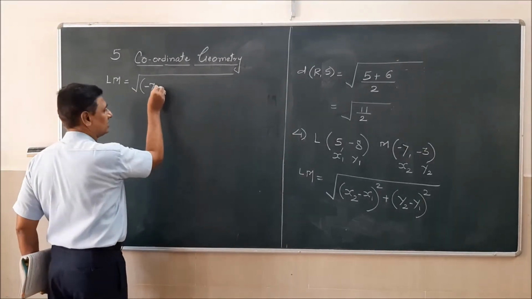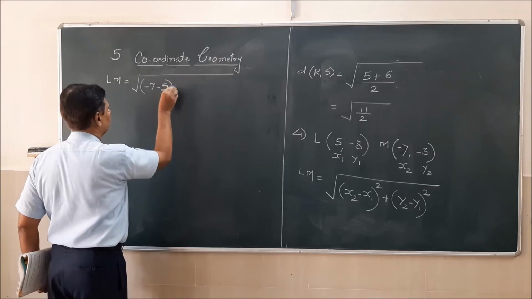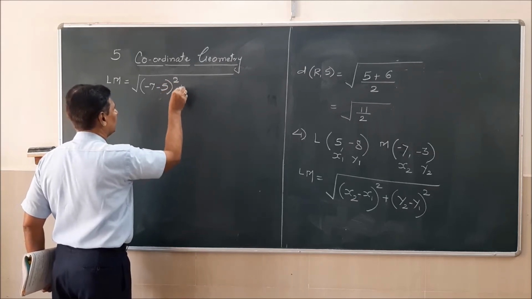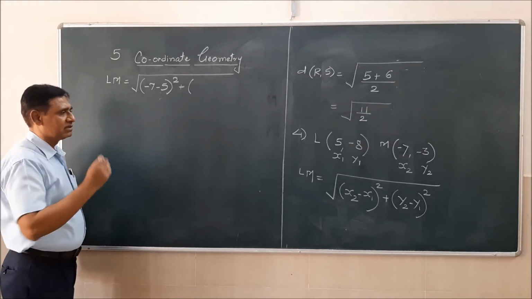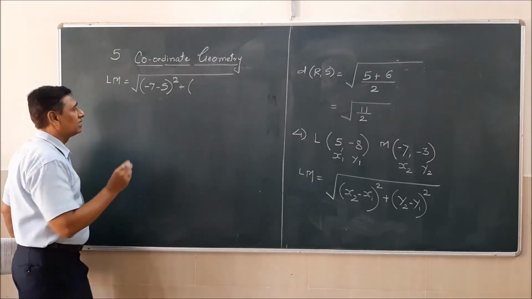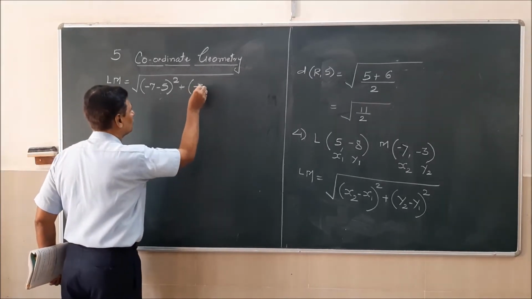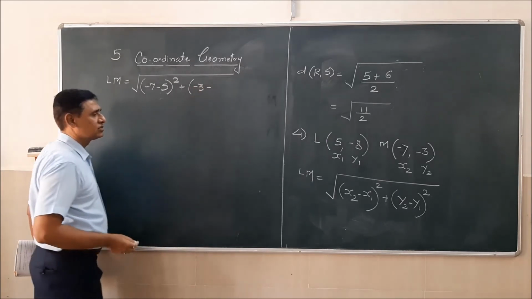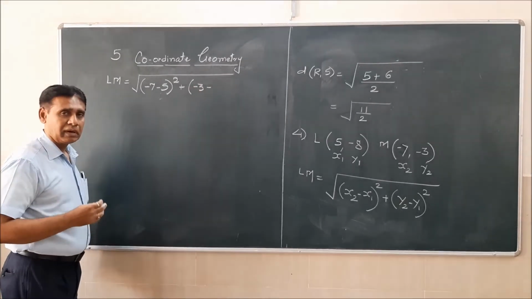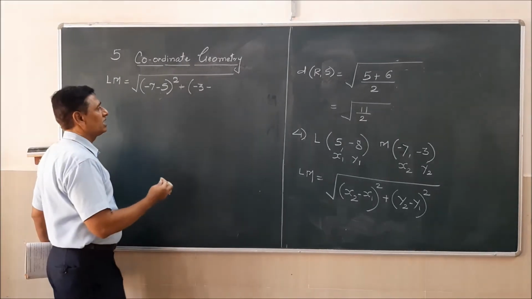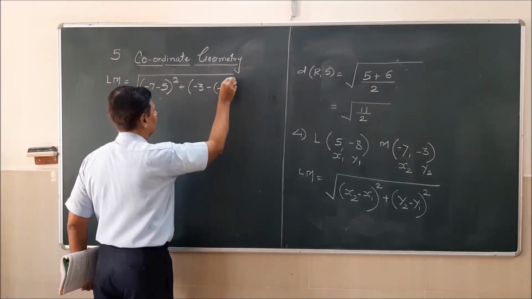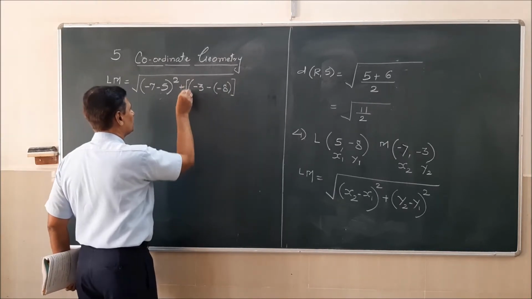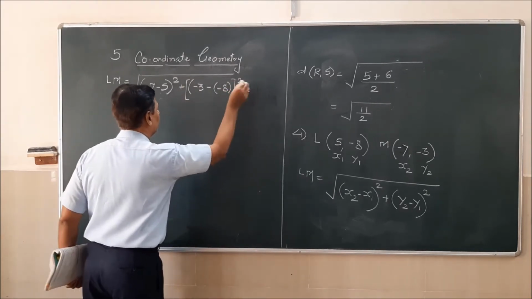So minus 7 minus 5 the whole square plus y2 minus y1. y2 is minus 3. Be careful now, because you will find the coordinate of y1 is minus 8. So I am going to write it as minus of minus 8. This is a very important step to remember.